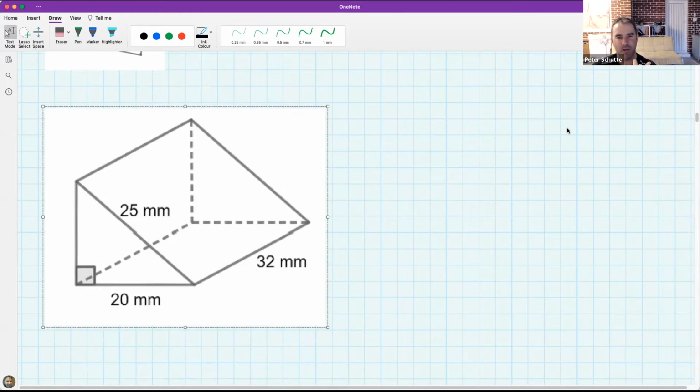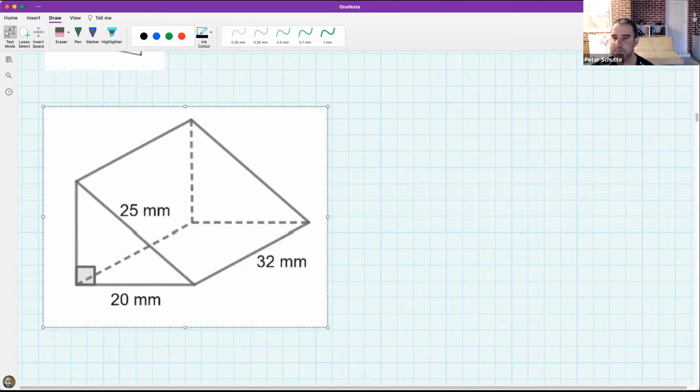Maybe I could ask you, Rachel, why do you think Pythagoras is helpful here? If you are willing to tell us, just pop your hand up. Otherwise, Loreto, if you're willing to share with us why Pythagoras is useful? Yeah, there we go.